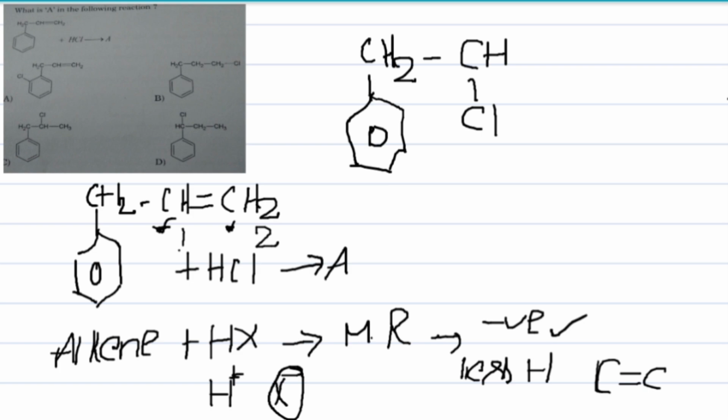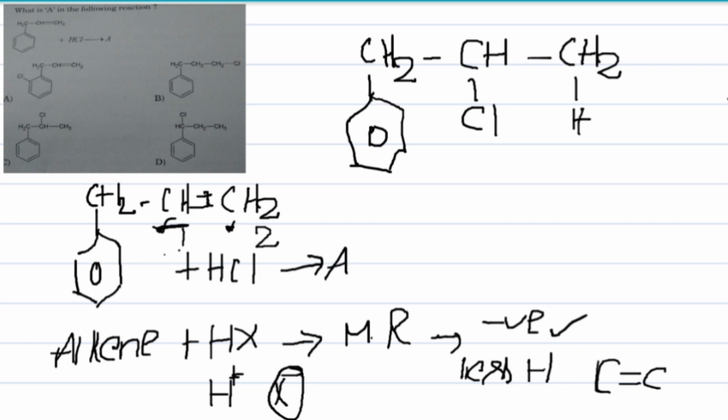Next, we break the double bond, then we add the HCl, one H plus and Cl minus to the double bonded carbons. At the carbon with less number of hydrogens, the negative part is added. And next one, single bond CH2. Here more number of hydrogens are there, so for that we have to add the H plus. So this is the product.